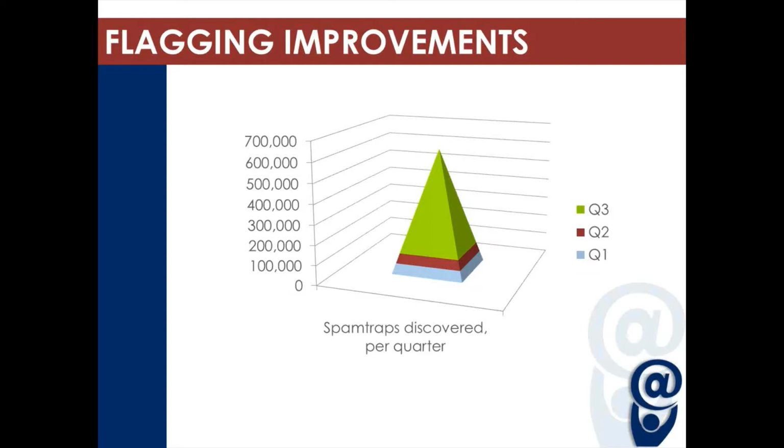If you look at 3 quarters combined, we've added more than 500,000 spam traps to our knowledge base over that period. Now, of course, new spam traps are being created all the time, and it would be a mistake to say that any vendor can remove 100% of your spam traps. And if you ever encounter a vendor that says that, run away as fast as you can.